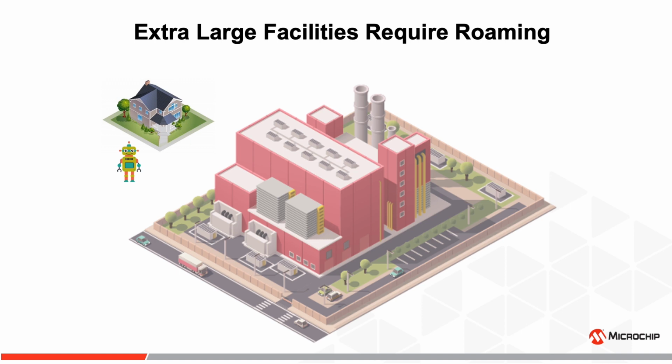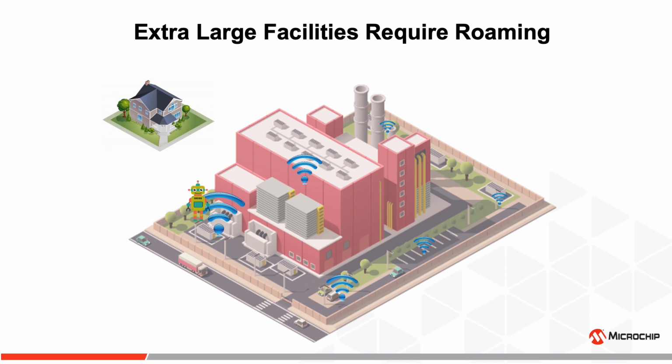What else is required? Well, if we look at the scenario of this factory, what you can see with the little blue antenna symbols is there are multiple stations at this location because it's such a large physical area.